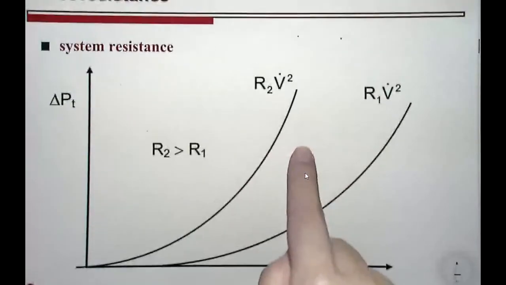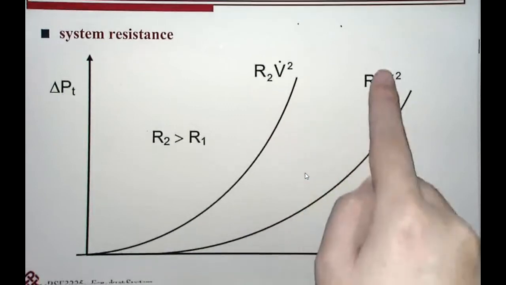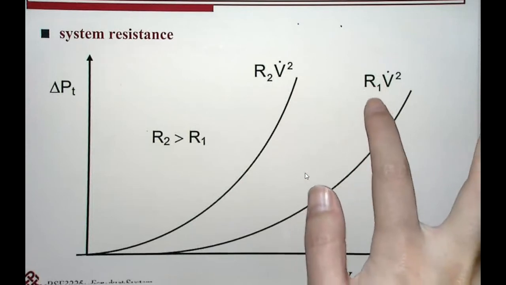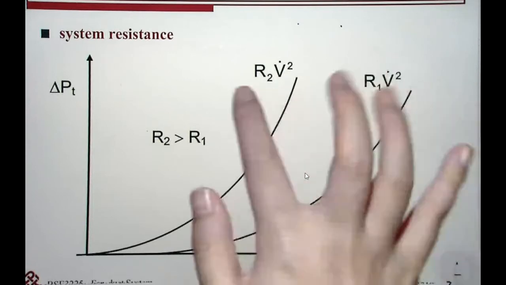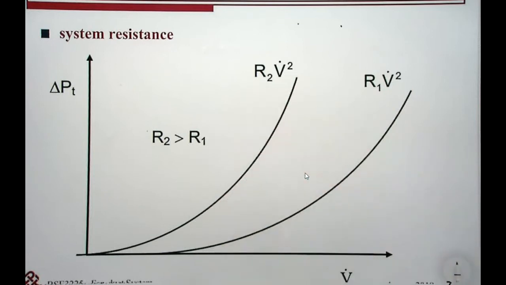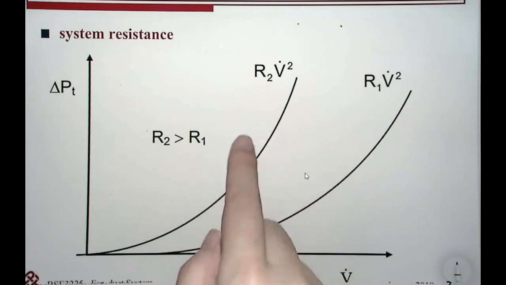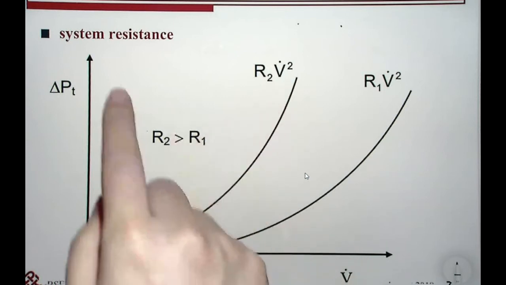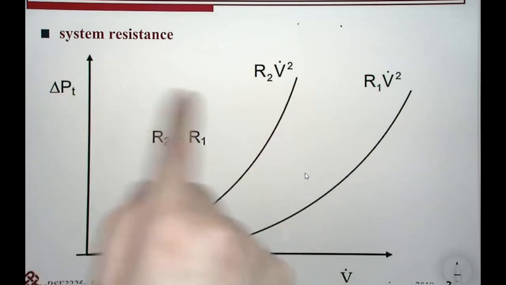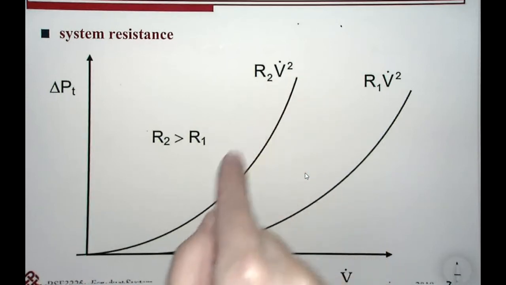This is the reason why we can plot two duct systems here. We have one duct system with the duct resistance R1, and another duct system with the duct resistance R2. When R2 is larger than R1, the relation between the system resistance delta P total for duct number 2 will follow this curve.